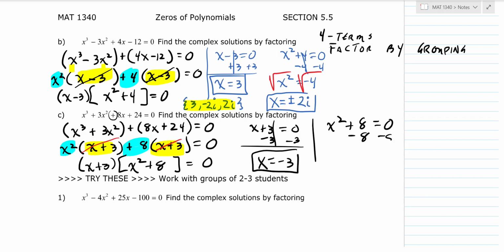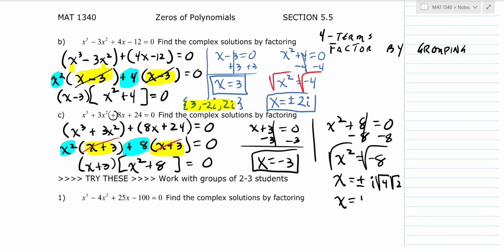Over here, you're going to subtract 8 from both sides. That'll give you x squared equals negative 8. Square root both sides, and you're going to have an imaginary number now, so you want plus or minus, and then an i. The square root of 8 can be broken up into the square root of 4 times 2.